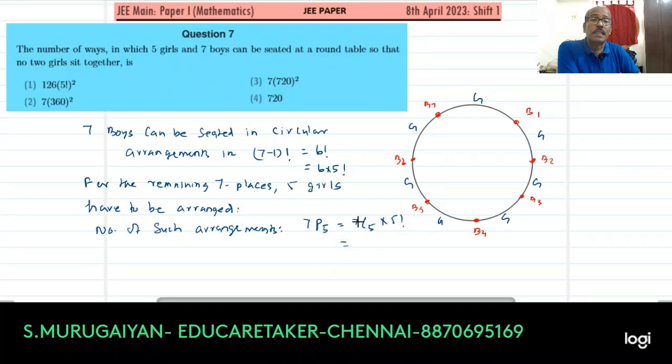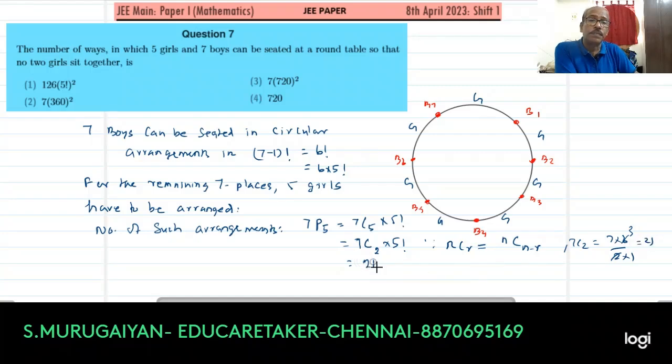And 7C5 is nothing but 7C2, using the complementary property nCr equals nC(n minus r). So 7C2 is 21. 7C2 is 7 into 6 by 2 into 1, so 21. So 21 into 5 factorial.